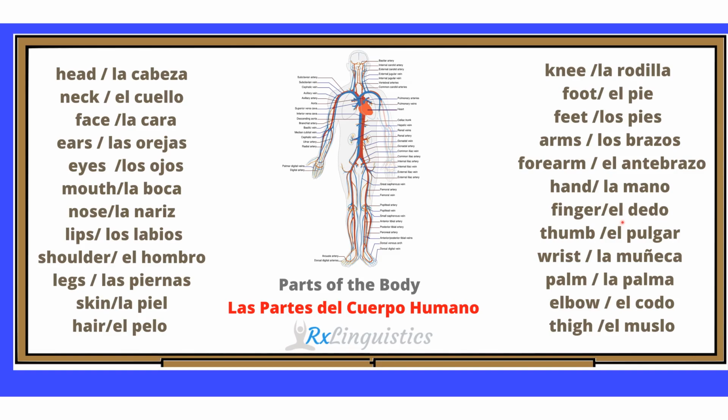Okay, when you see el, it's a masculine singular article, and la is a feminine singular article. Los is a masculine plural article. And you will see las here, for instance, las orejas, is a feminine plural article. So in the grammar video, I discussed all the definite articles and all the indefinite articles.